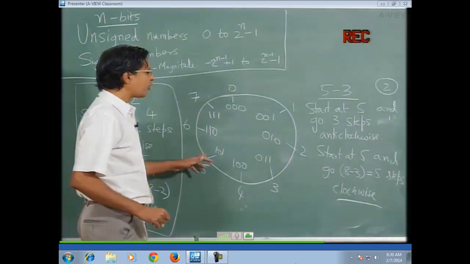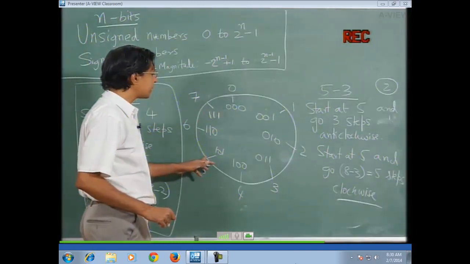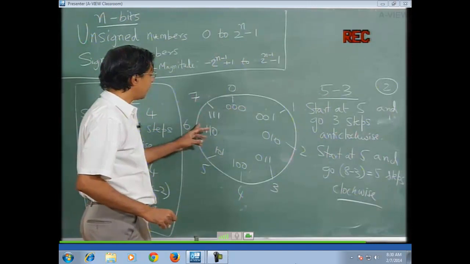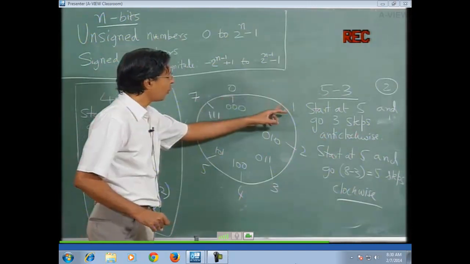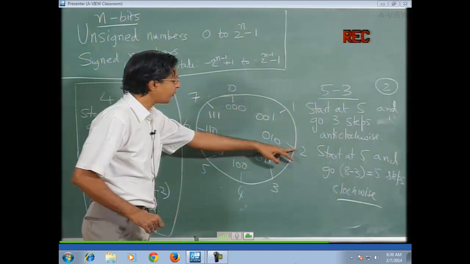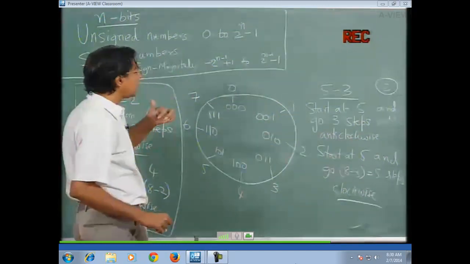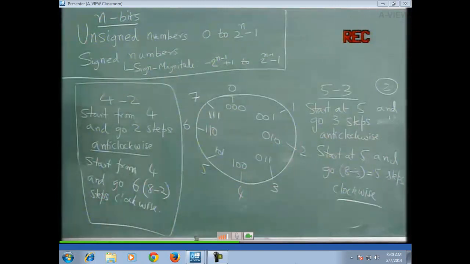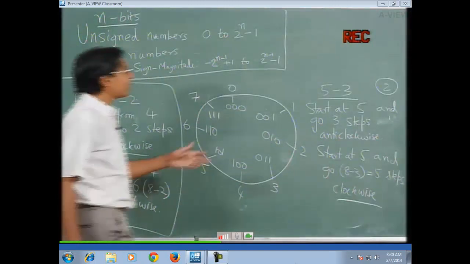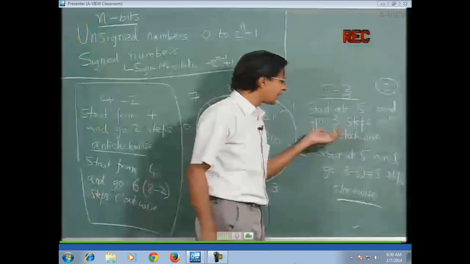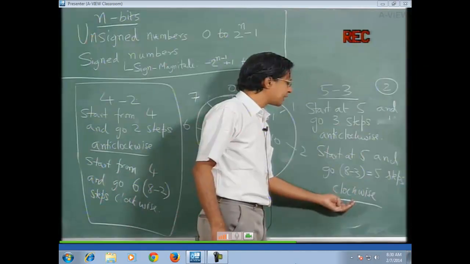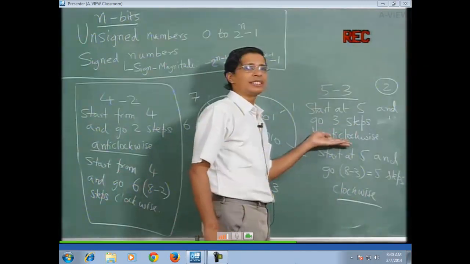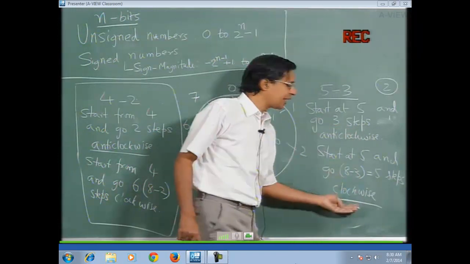So from 5, if I go 5 steps clockwise, 1, 2, 3, 4, 5, I get 2. Correct? So if I say anti-clockwise is subtraction, clockwise is addition, I have modeled this subtraction as addition.